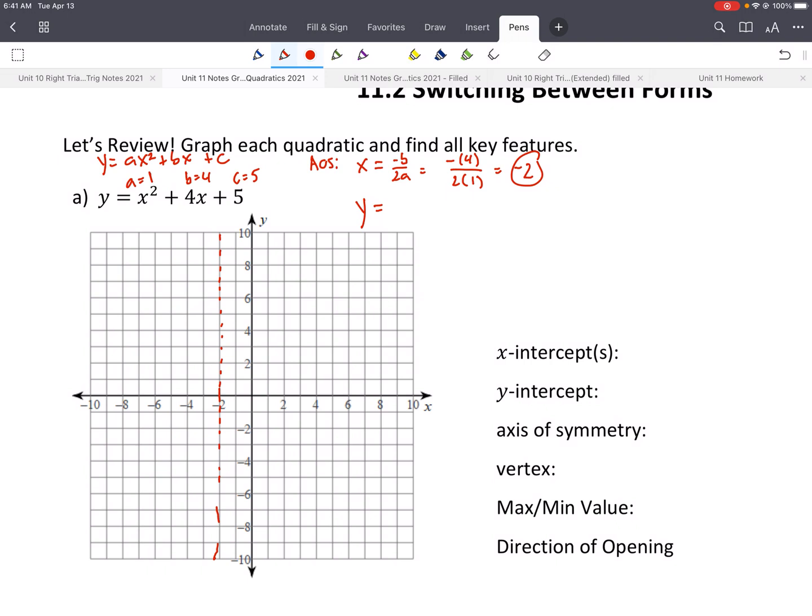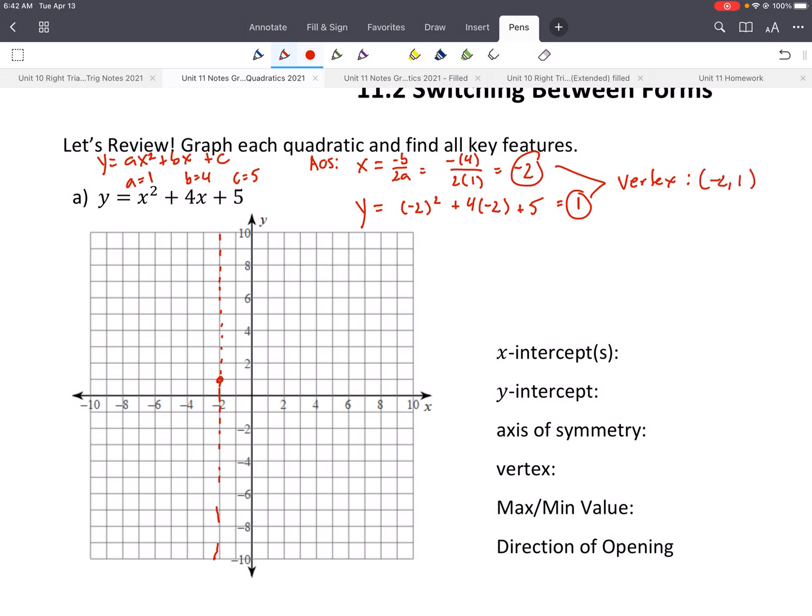And again, if we have an x and we need to find a y, we substitute. Okay, so we substitute that negative 2 into our equation for x. Whenever we have an x, we're going to put in a negative 2. All right? So plug that in your calculator or simplify it by hand, and we'll end up getting 1. So from those two, that gives us our vertex, which is negative 2, 1.